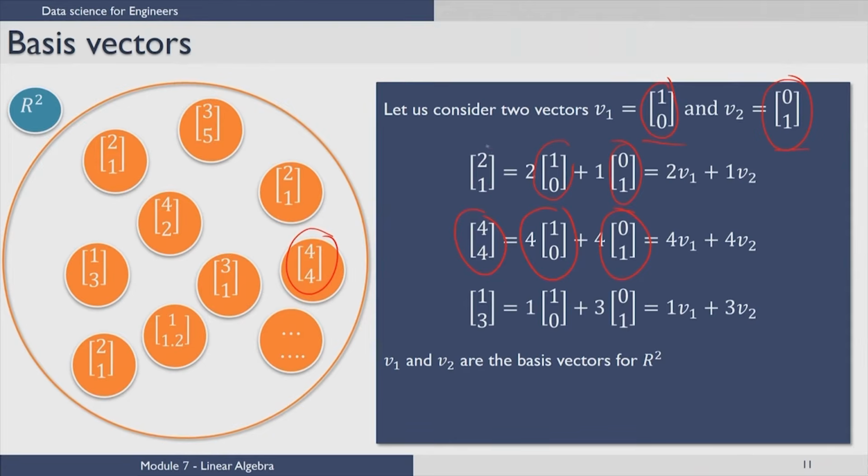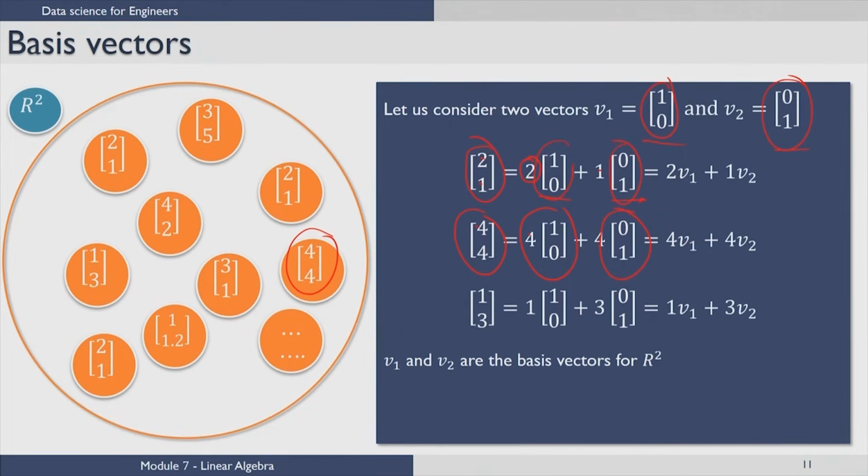For example, if I want (2, 1) to be written as a linear combination of (1, 0) and (0, 1), the scalar multiples are 2, which is this, and 1, which is this. Similarly 4 here and so on. The key point being, while we have an infinite number of vectors here, they can all be generated as a linear combination of just 2 vectors, and we have shown here these 2 vectors as (1, 0) and (0, 1).